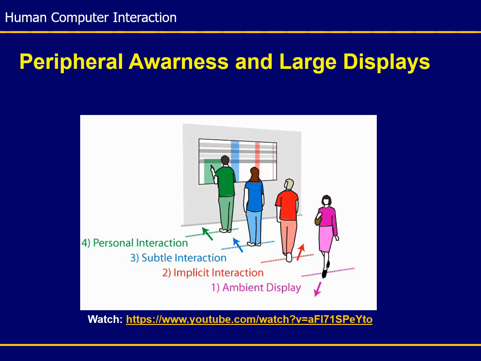There will be many people passing by it. So in this research, actually, the researcher suggests using peripheral awareness to attract the user to the fact that there is a message for him or her that he could see and check using the screen.